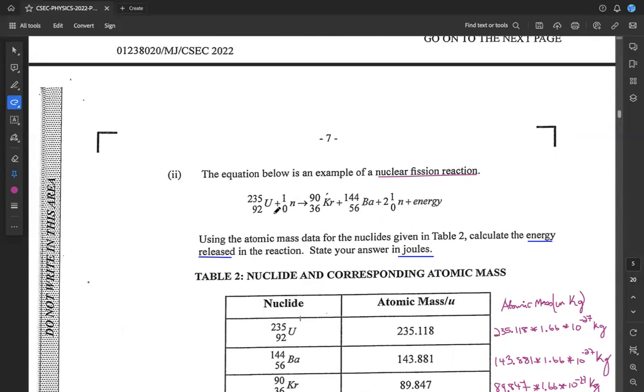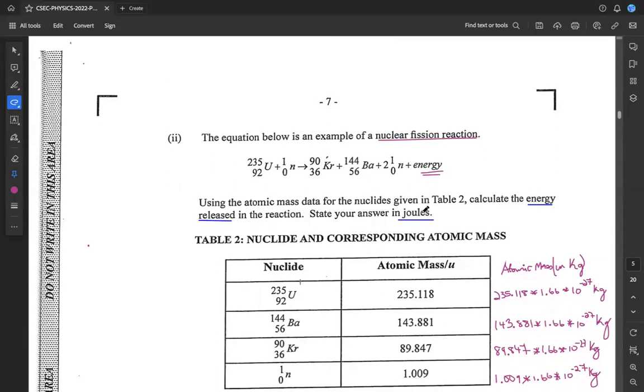And when we do that, we're going to split up the uranium-235 into a krypton and a barium here. So we end up with these 2 smaller nuclei, and as a result of that process, 2 neutrons are given off as well as energy. Remember, we said there's some energy given off as well.